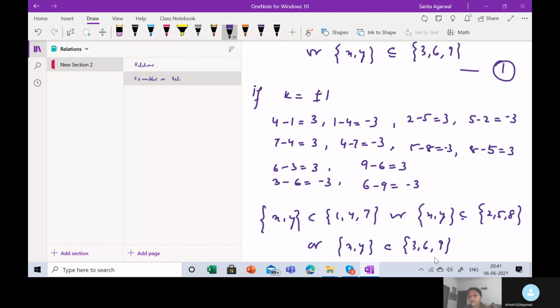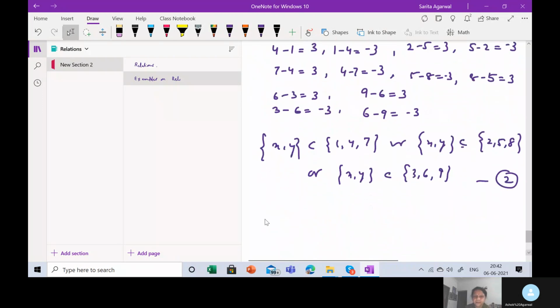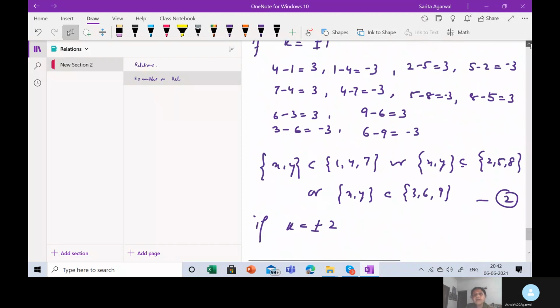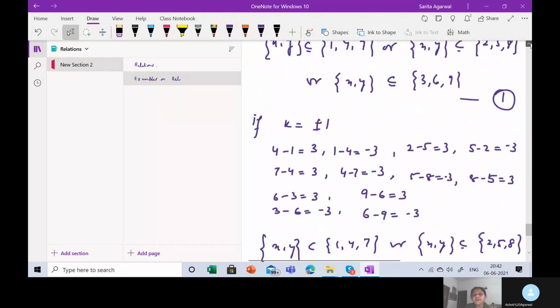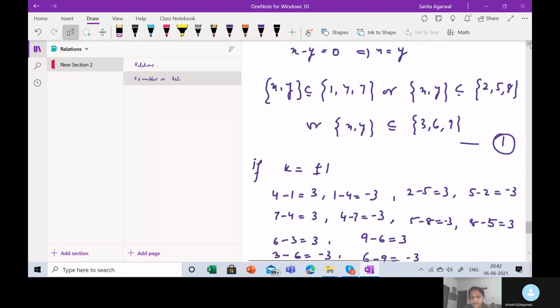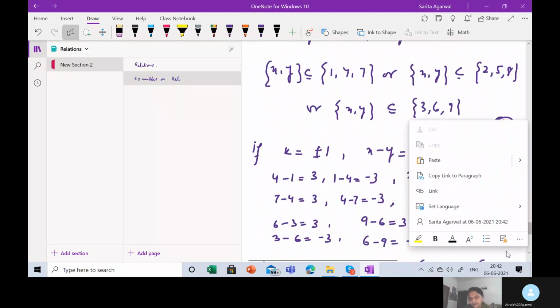So if k is 0, then x minus y is 0. If k is plus minus 1, then x minus y is plus minus 3. So these are the outcomes. If k is plus minus 2, that means x minus y is plus minus 6.